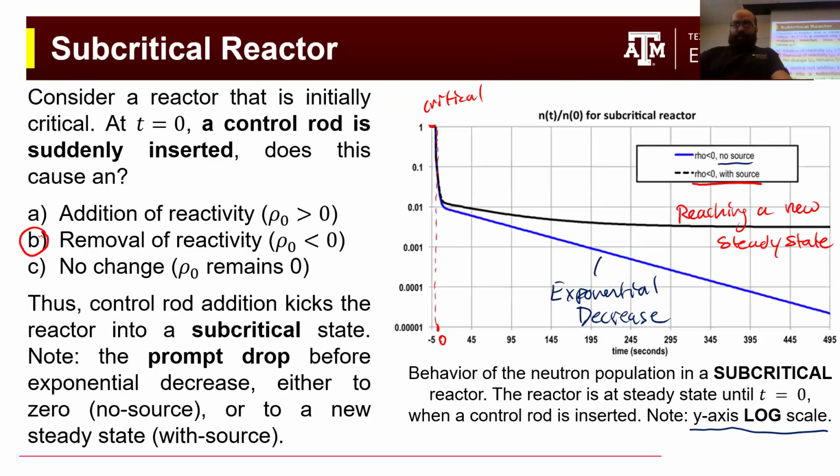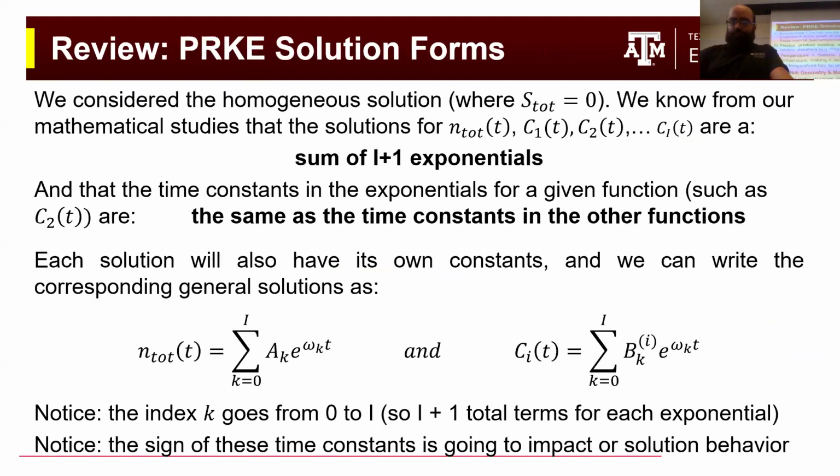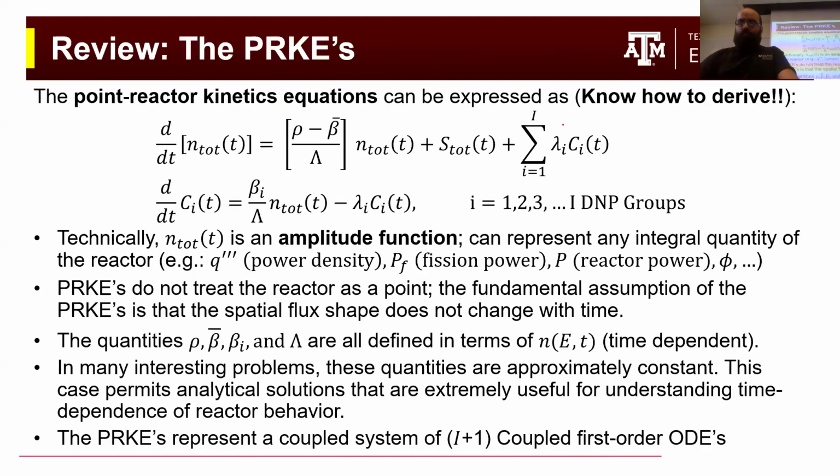So if I were to go back to my point kinetics equations, S total is the neutron source. The lambda_i C_i is my delayed neutron precursor source. So if it's a source-free reactor, S total is 0. And if there's no delayed neutron sources, then the lambda_i C_i term is 0.